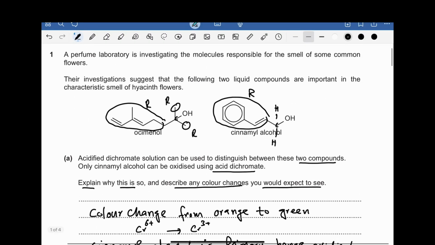We have 6 carbons in the ring, and we have 5 hydrogens in the ring. Then we have 1 carbon here, then another carbon there, so 3 carbons outside the ring, with 4 hydrogens, and then we have 1 oxygen, and then another hydrogen there.